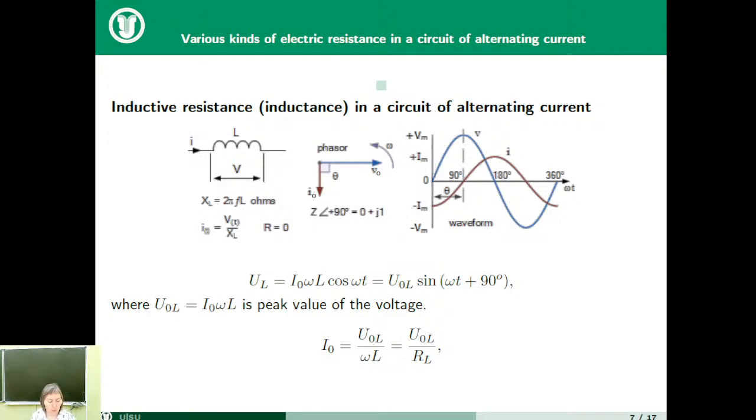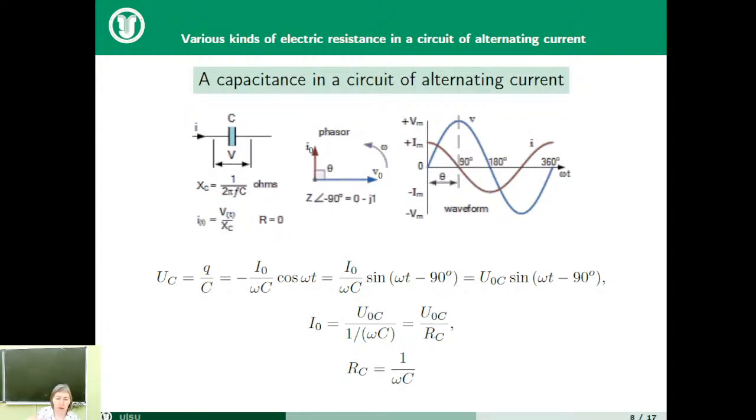And now we can talk about capacitance in a circuit of alternating current. Let's consider a case when the condenser C is included in a circuit.